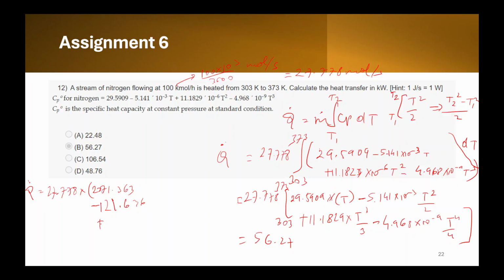Then you add another term, 11.1829 into 10 to the power minus 6, 373 cube minus 303 cube, plus 89.75 minus 4.968 into 10 to the power minus 9 into 373 to the power 4 minus 303 to the power 4. That gives you 13.57.